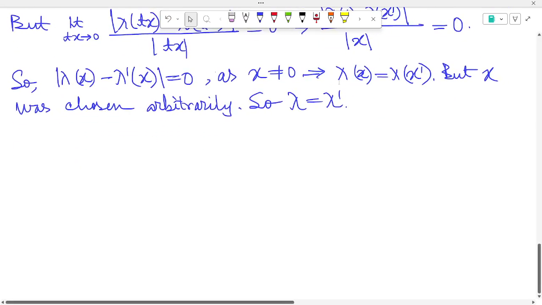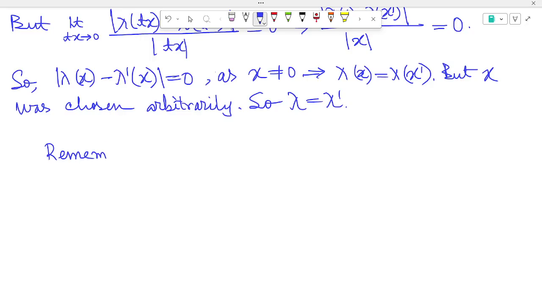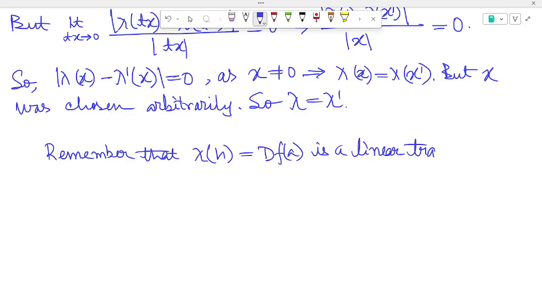As far as we have discussed so far, remember that the derivative, which is defined as d of f at a, is a linear transformation from Rn into Rm.